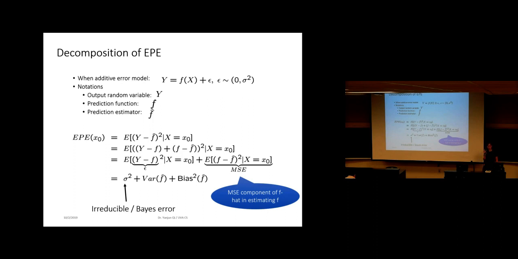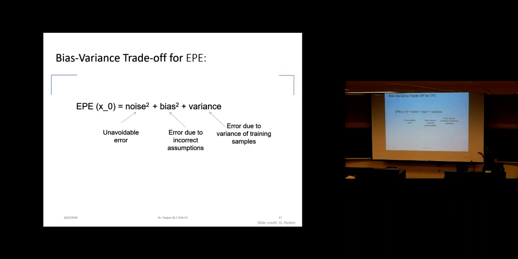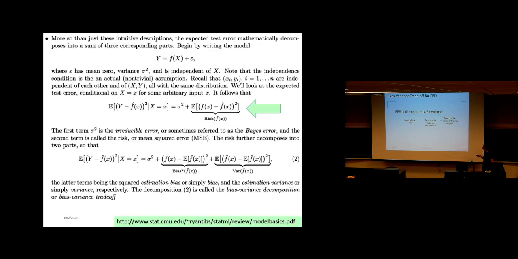Let's understand the bigger ideas first. So now the expectation at a specific data point is the noise plus the bias quadratic and variance. And then we know if we want to minimize expected prediction error, we should minimize bias. We should also minimize variance, right? Because that's the summation that contributes to the error.